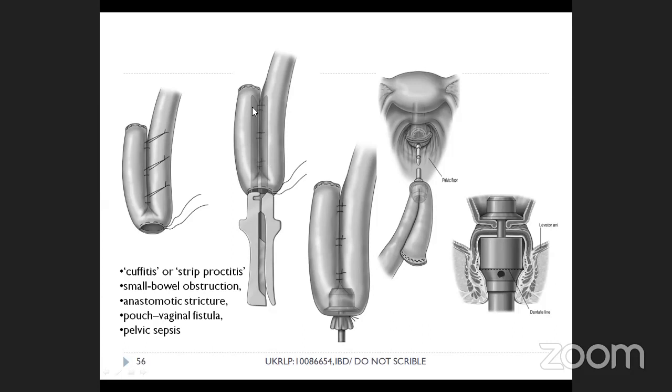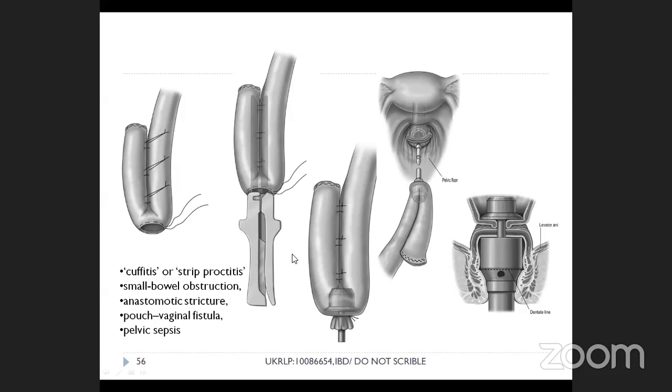Staple it on the antimesenteric border so that the pouch is created, and on the other end, where the stapler is inserted, use a circular stapler to bring the pouch into the perianal region and complete the anastomosis, with the pouch being anastomosed to the left out part of the rectum.